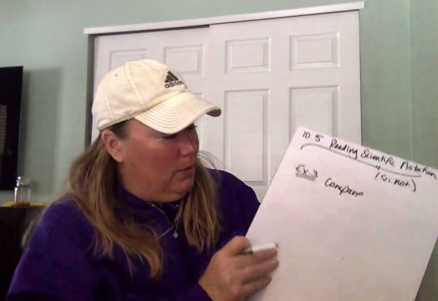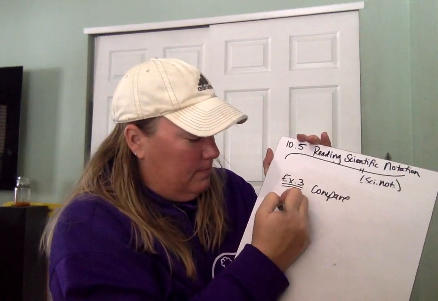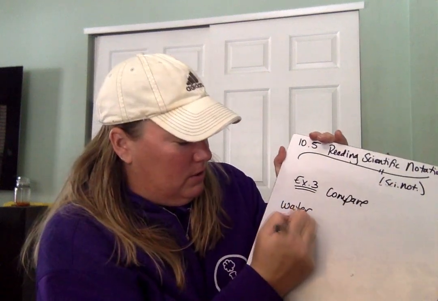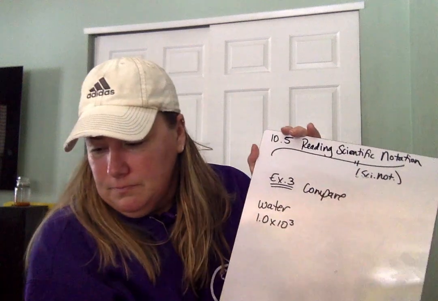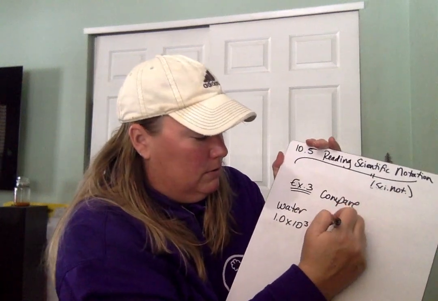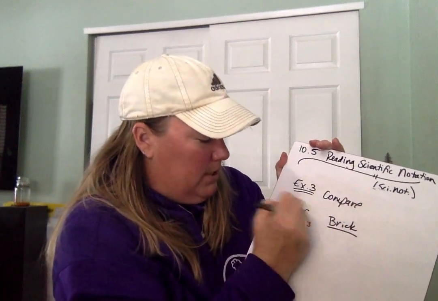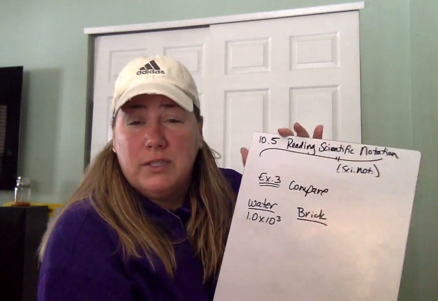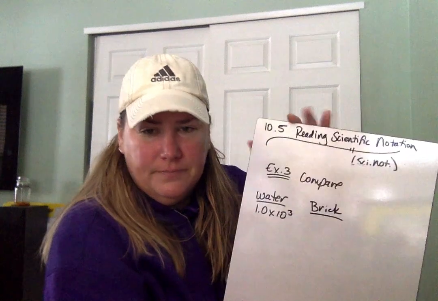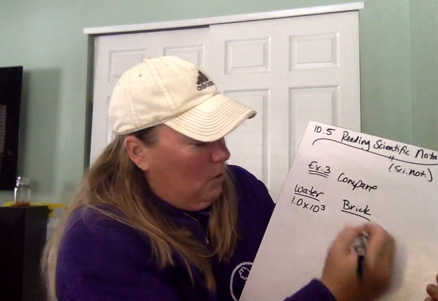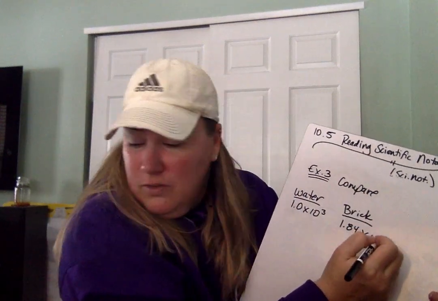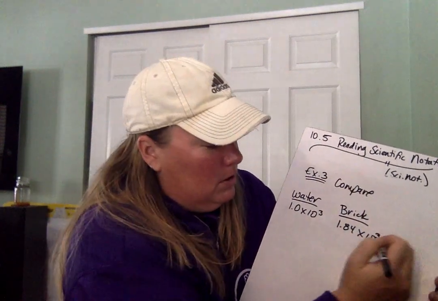All right, so here we go. Water. And you could just look at this in the book. It's example 3. Water has a density of 1.0 times 10 to the third. And a brick, hopefully you said the brick is going to sink just because you guys are in 8th grade and hopefully your common sense is a little bit more common. 1.84 times 10 to the third.